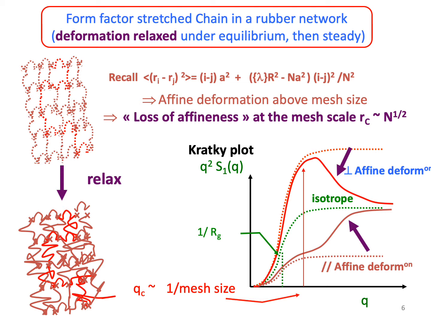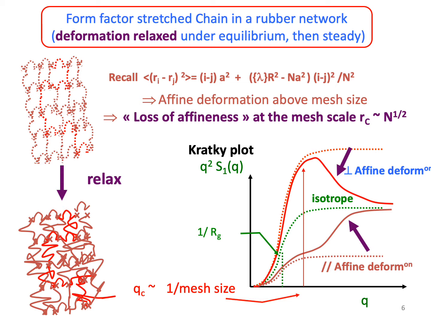To show the effect on the scattering, I will use the Kratky plot on the right-hand side figure, where you can see in green the scattering of an isotropic chain, which has two parts. At low Q, you see an increasing parabola, which corresponds to the Guinier plateau for S1(Q) times Q squared.